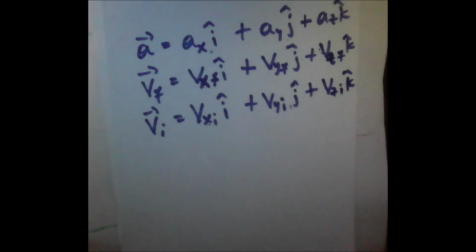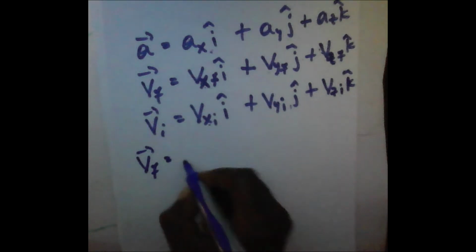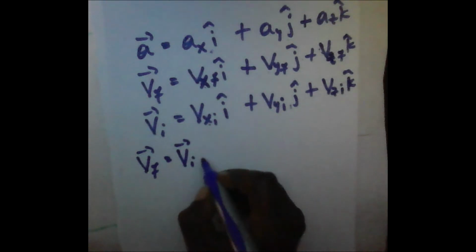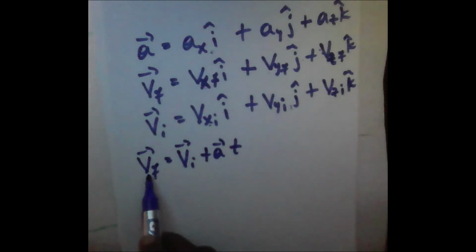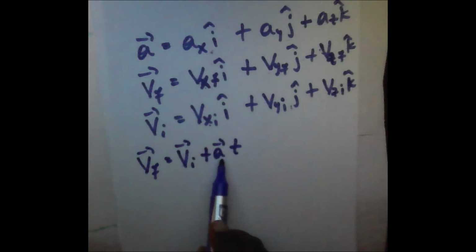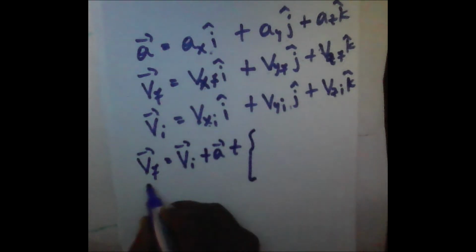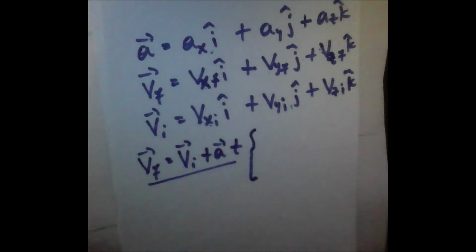So having these points in mind, it is possible to write v final. We know that v final is equal to v initial plus acceleration multiplied by t. Based on this, we can rewrite considering x and y.